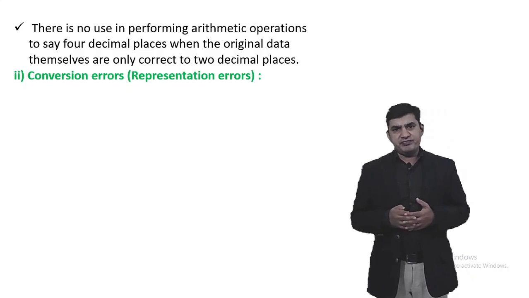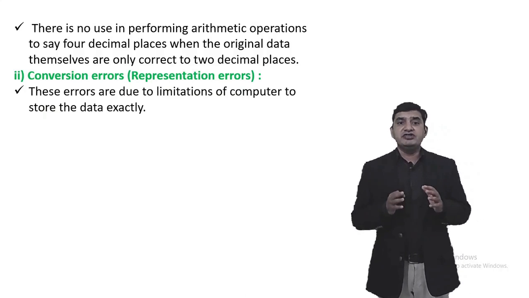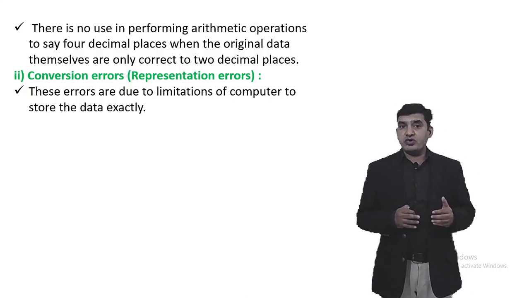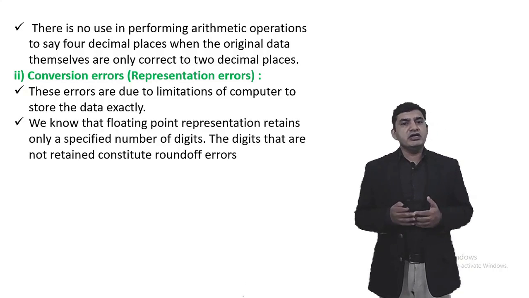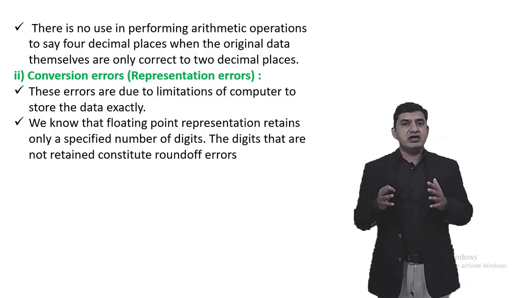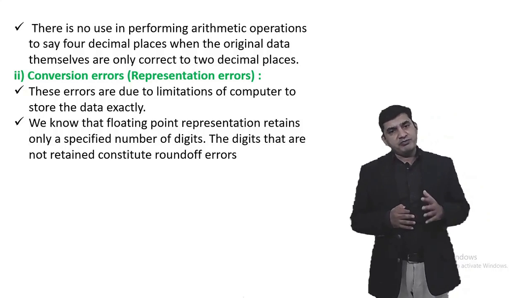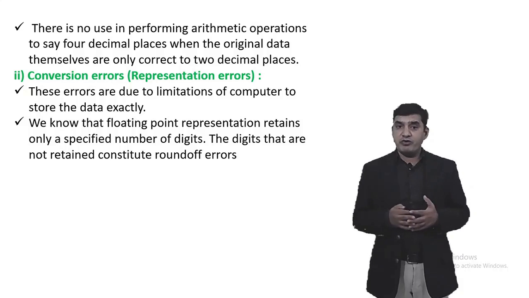Now, conversion error. It is also known as representation error. These errors are due to the limitation of a computer to store the data exactly. We know that a floating point representation retains only a specific number of digits. A floating point number means a number which consists of a decimal point.